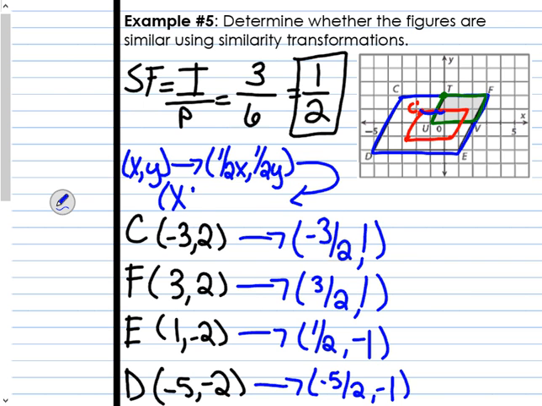So I'm going to add 3/2, or you could call it 1.5, and then it's right here, and I need to go up 1. So I'm going to add 1 to the y. And if I do that to all of my red points, they should map to all of my green points. So I added 3/2 to all the x coordinates, and I added 1 to all of the y coordinates.